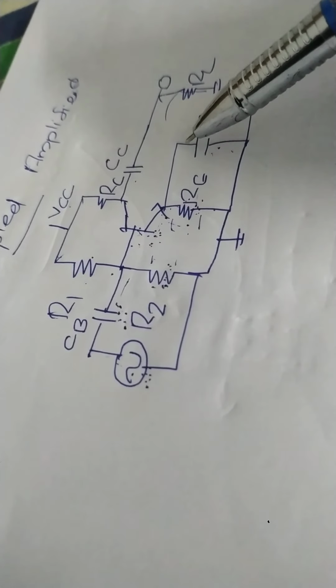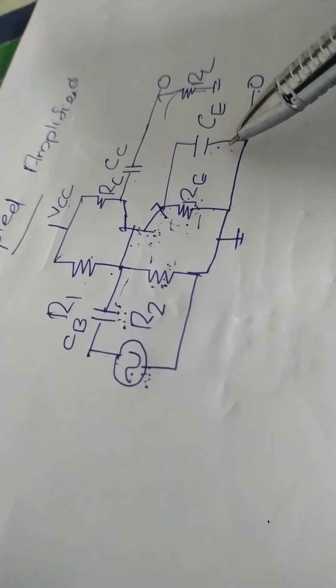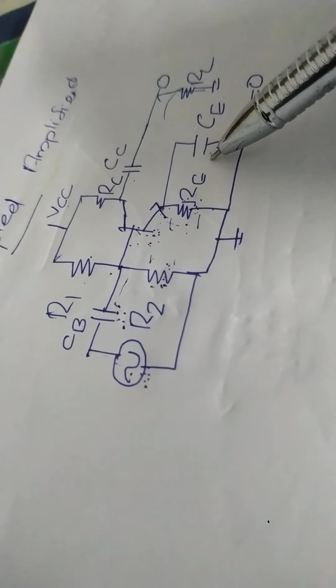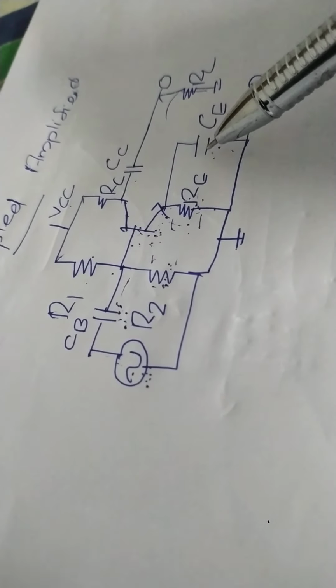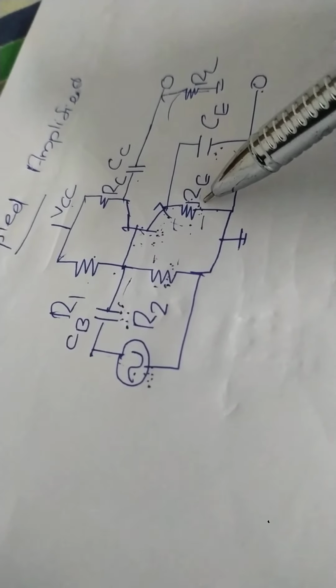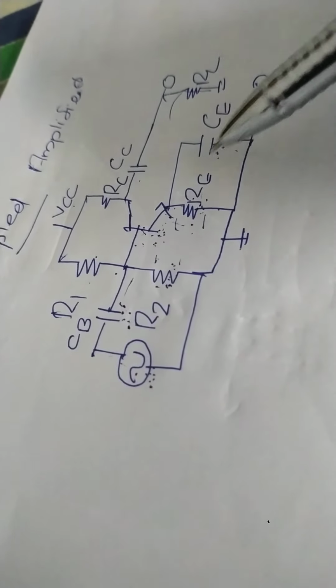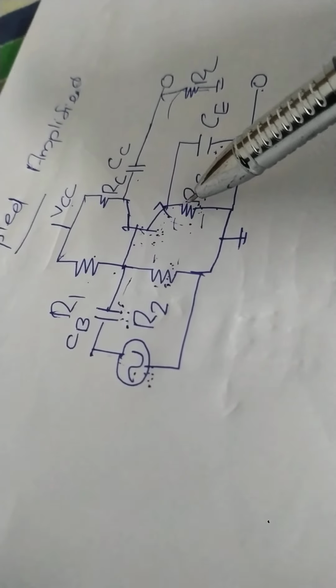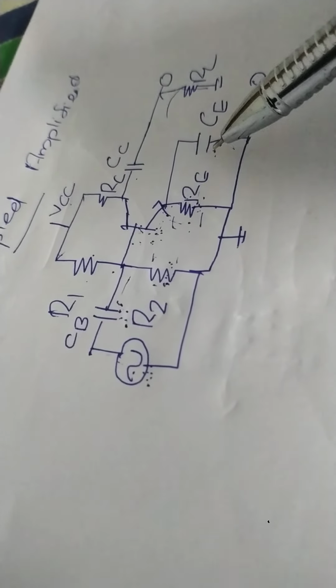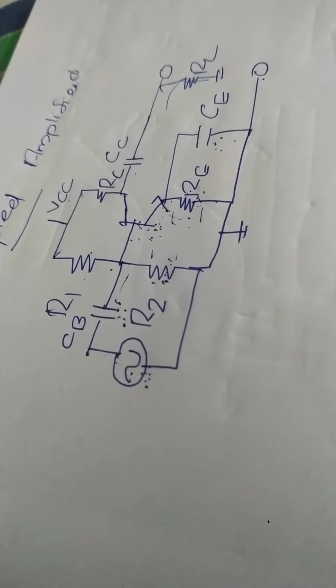We connect a capacitor here, so the current flows through the capacitor. The current bypasses this resistor, so it is known as the bypass capacitor.